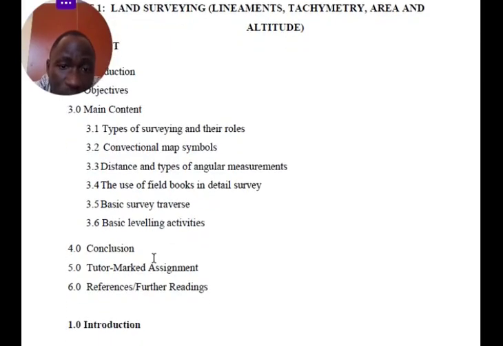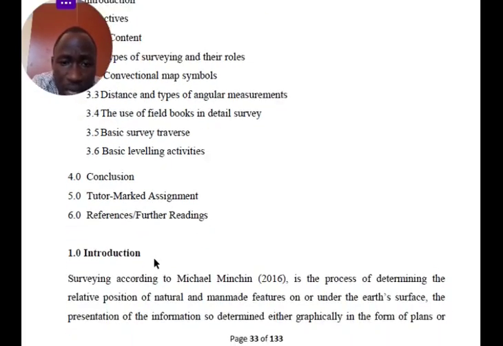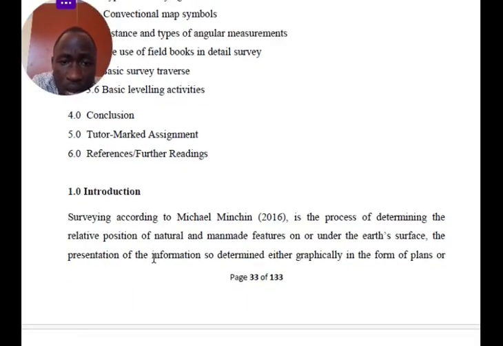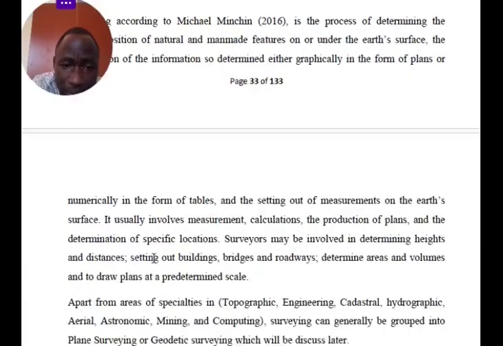Our concepts cover the types and their roles, conventional symbols, the distance types and angular measurements, the uses of field books in a detailed survey, basic survey traverse, and basic leveling activities.